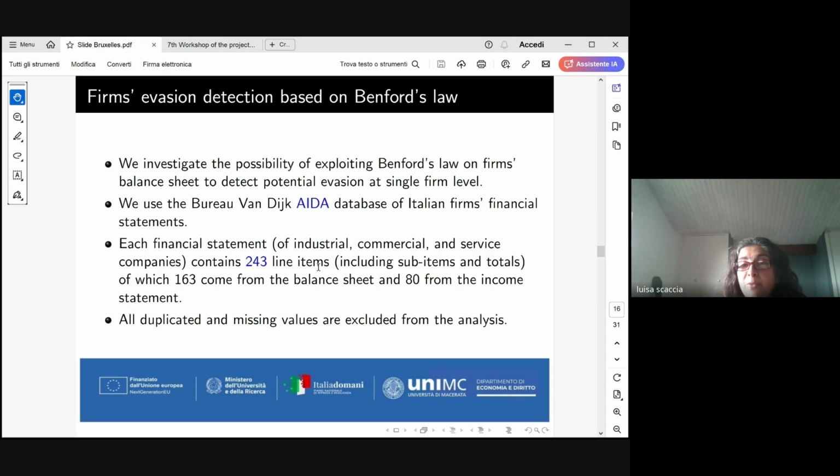So we need to remove duplication and missing values before performing the analysis. And hopefully, we should have enough items left to be able to determine whether the distribution for that firm and that year conforms to Benford law.